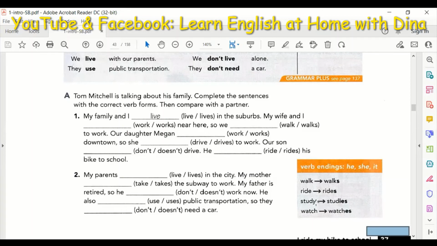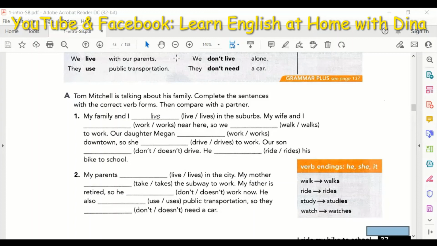I exchange this y with an i, then I add es. يعني بشيل الواي بحط مكانها i, studies، وبعدين بضيف es. Watch because it ends with ch. الأفعال اللي بتنتهي بـ ch لما بحولها مع he وshe وit في الـ simple present بضيف لها es بدل s. I want someone to raise his hand and read these verbs for me.